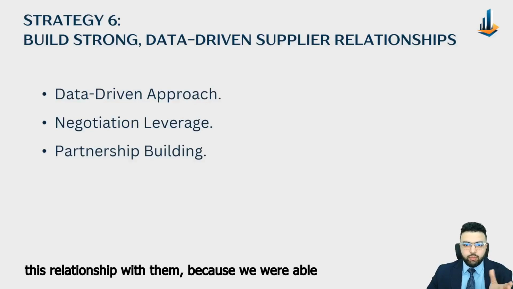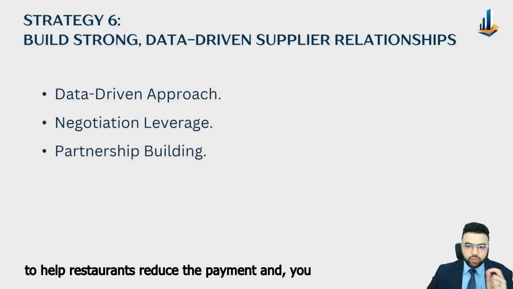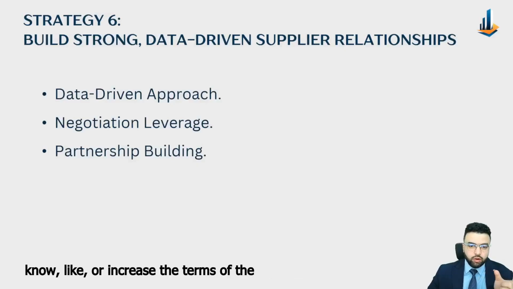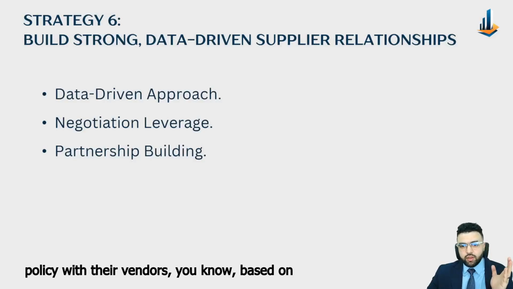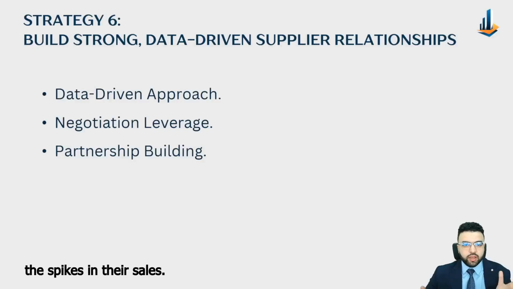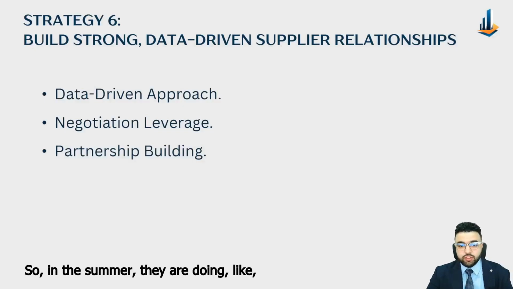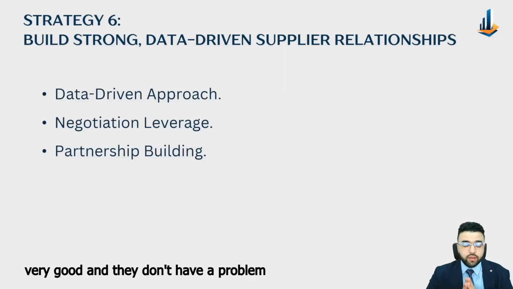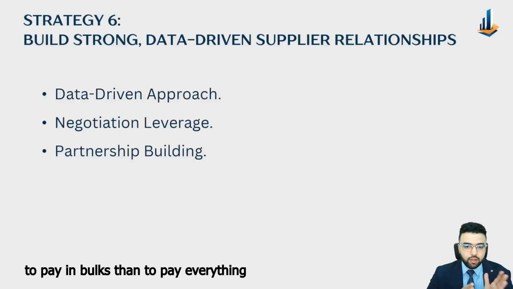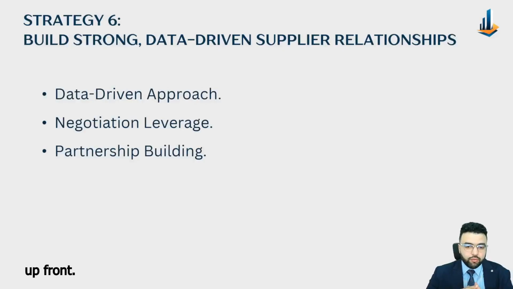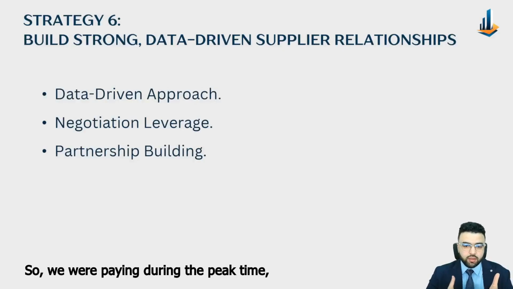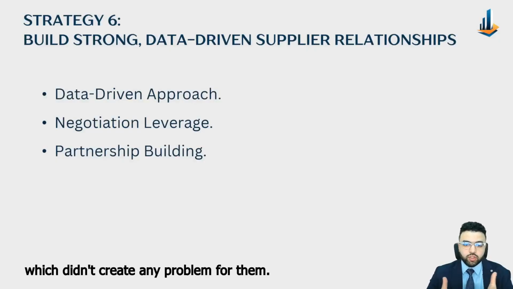We were able to help restaurants reduce the payment or increase the terms of the policy with their vendors based on the spikes in their sales. So in the summer they are doing very well, and they don't have a problem paying in bulk rather than paying everything up front. So we were paying during the peak time, which didn't create any problem for them.